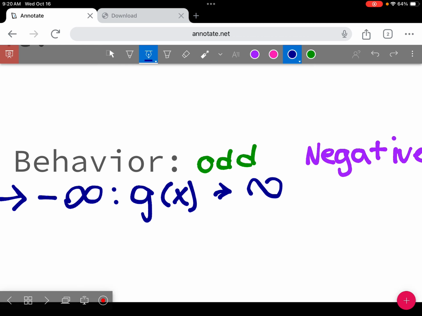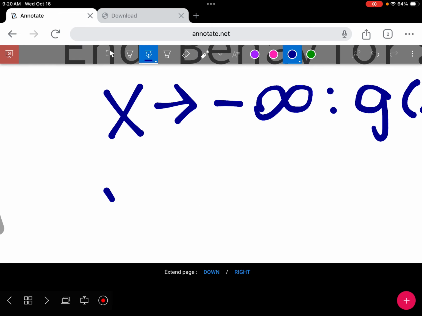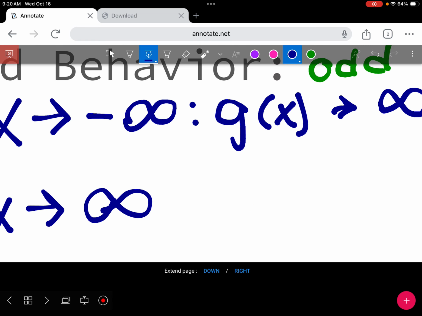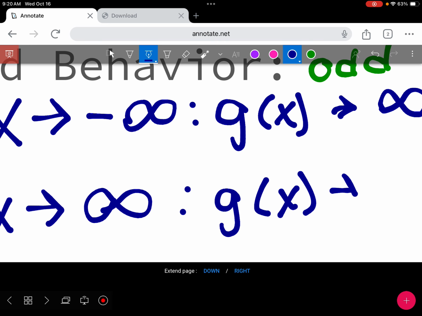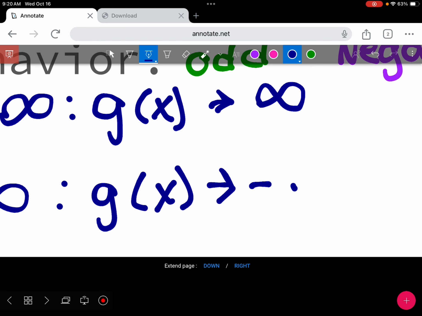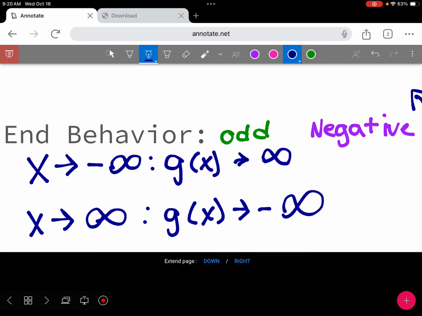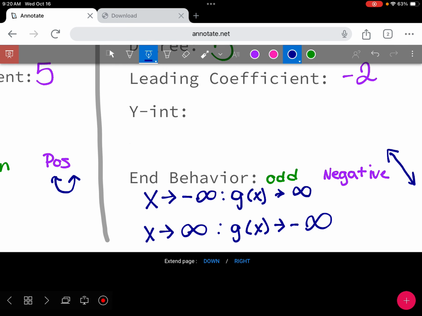Whenever we have odds and negatives, think about a line with that slope. Odds have the same end behavior as lines. So as x approaches positive infinity, what's going to happen to g of x? G of x approaches negative infinity because my right arrow points down. So it has that same end behavior as a line.